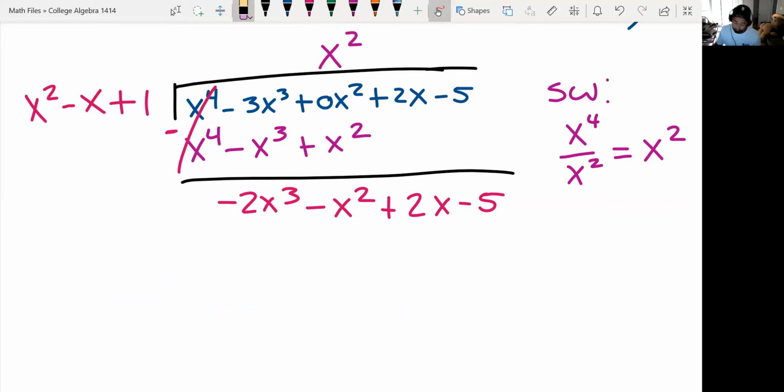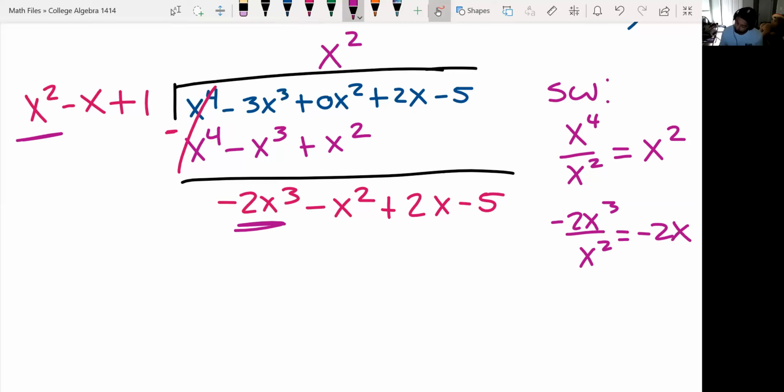And we do the trick again. X squared can definitely go into the x cubed. So we take those two and put them over each other. Negative 2x cubed over x squared gives me negative 2x. And I'll put that up there at the top, negative 2x.